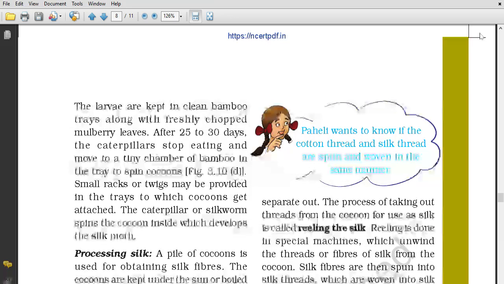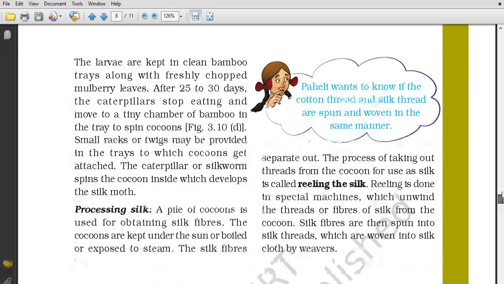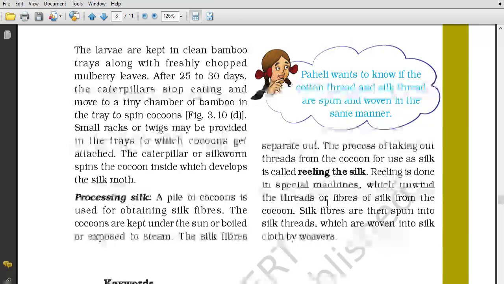Once they have eaten their fill, they go to the tiny chamber to hang their cocoon there. Small twigs may be provided in the trays to which the cocoon gets attached. The caterpillar or silkworm spins the cocoon, inside which the silk moth develops.